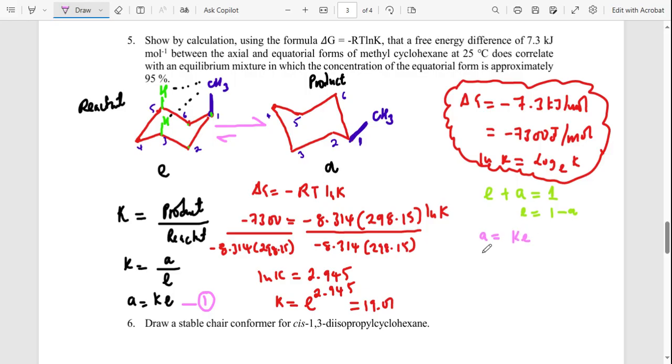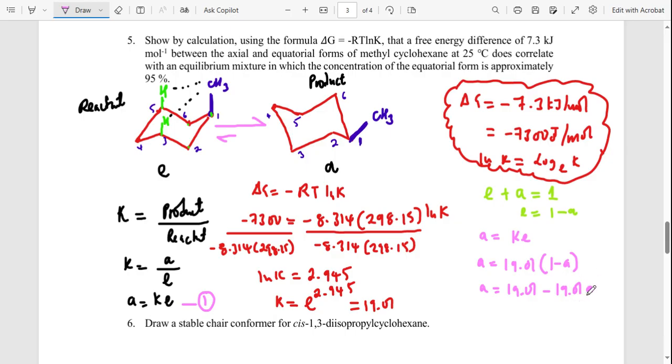And we'll say A is going to be equal to, where there is K, we are going to substitute 19.01. Where there is E, we'll put 1 minus A, and this is going to give us A being equal to 19.01 minus 19.01A.